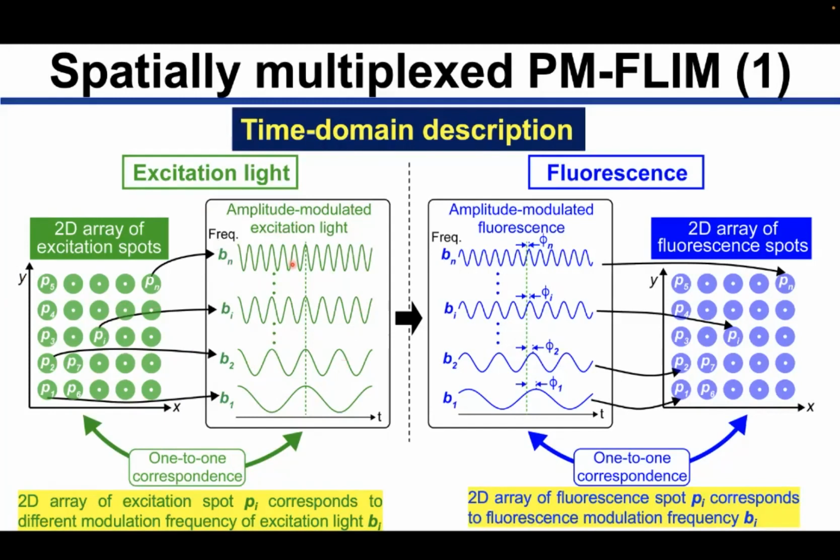So if such a 2D array of excitation spots is used, the FLIM is spatially multiplexed by using different modulation frequencies. The resulting 2D array of fluorescent spots, Pi, correspond to the fluorescence modulation frequency Fi in the same manner as excitation light.